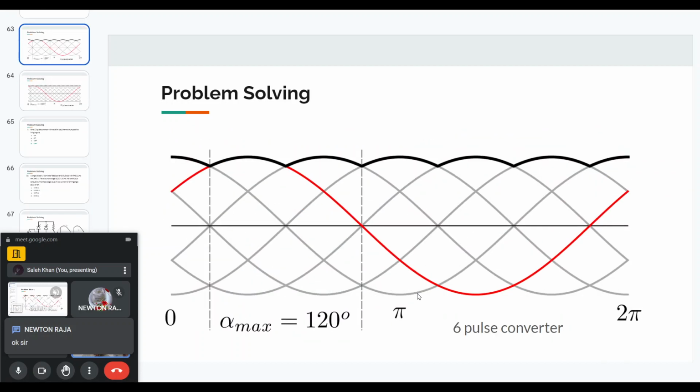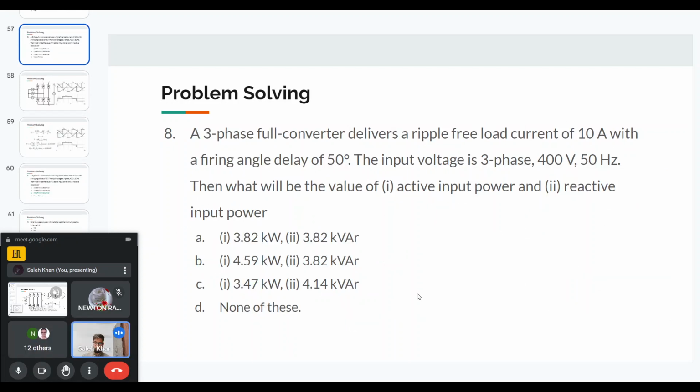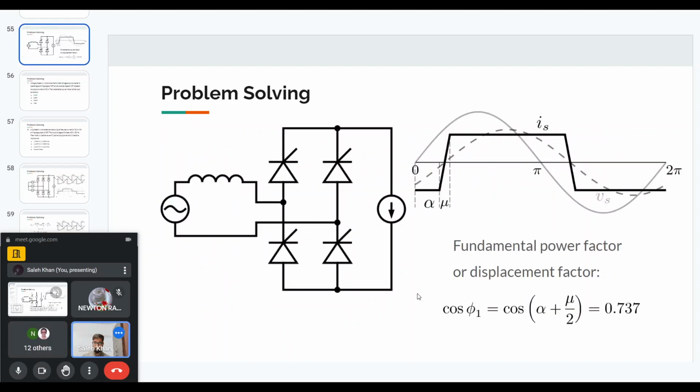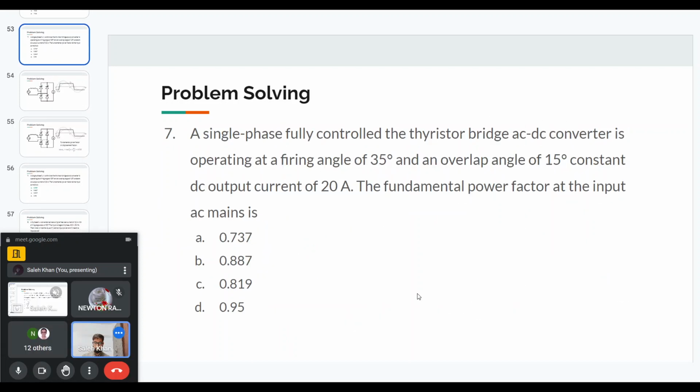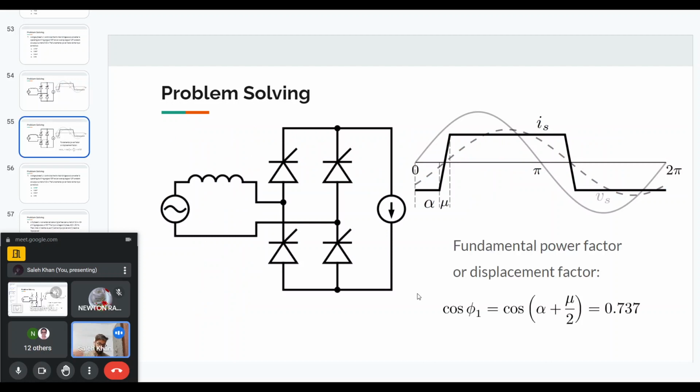So someone is asking about question 7, the active power. In this case, the overlap angle increases the power factor angle, so the overall power factor decreases because the angle increases.